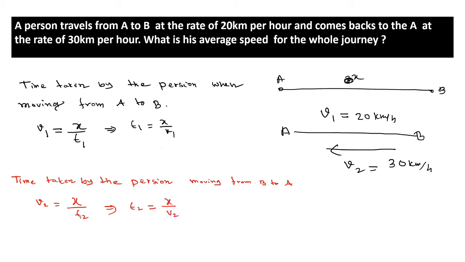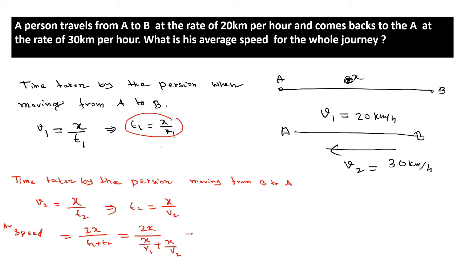Now we have to find out the average speed. We know average speed is total distance. What is the total distance? It is x plus x, that is 2x, by total time, that is t1 plus t2. Total distance is 2x, and t1 is x by v1, and t2 is x by v2.